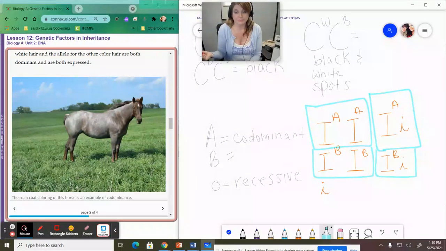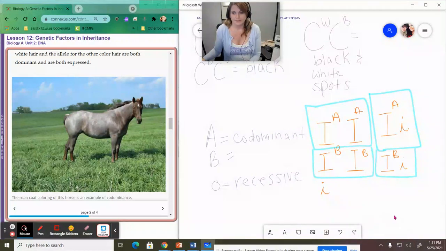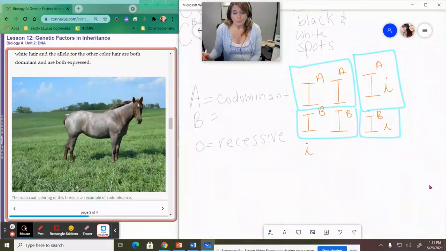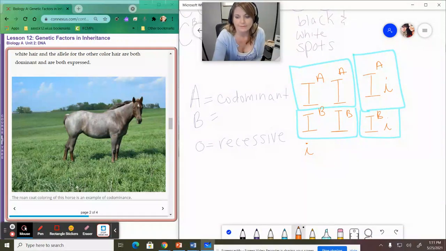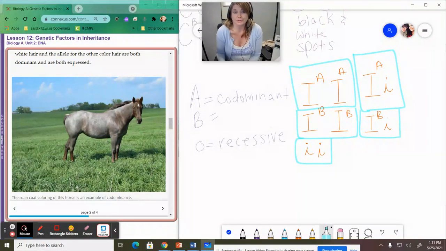So those are two types you could be, if you're type A or type B. If you're O, you have to be two lowercase. You have to have two alleles for O. That's the only way to be type O. You have to have two recessive alleles, because if you had any other alleles, you couldn't express them because O is recessive.